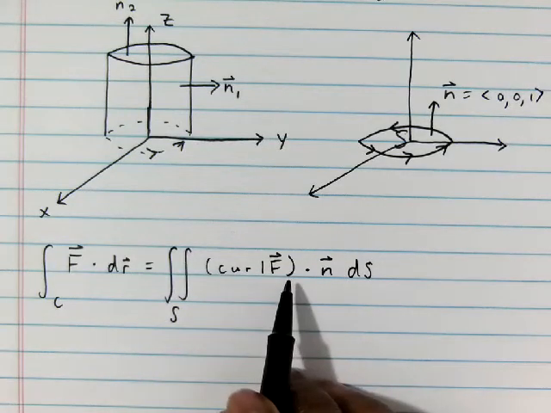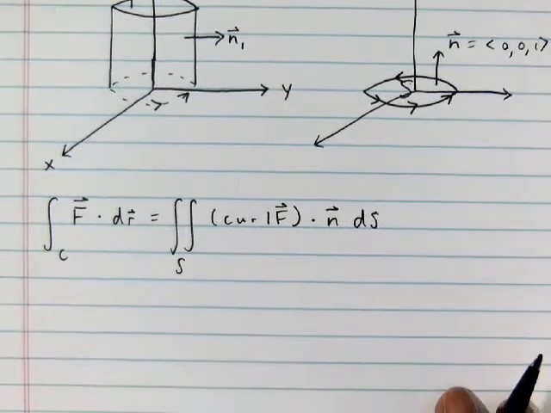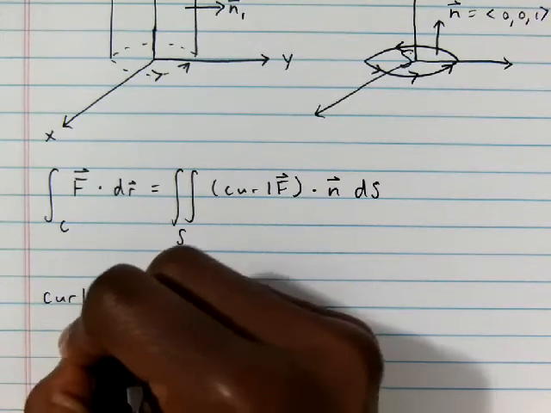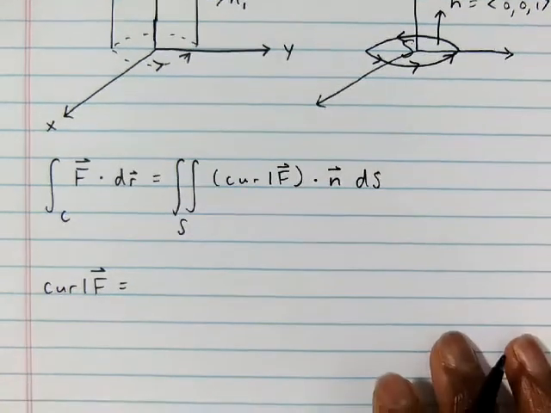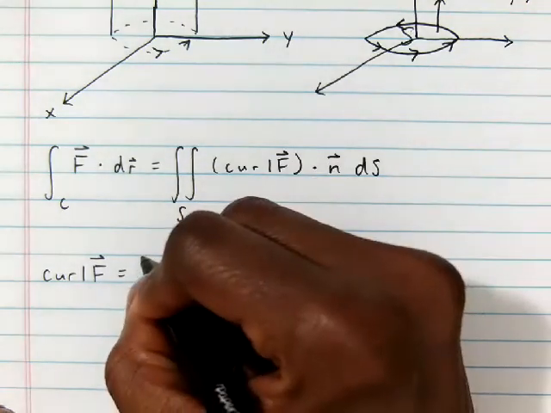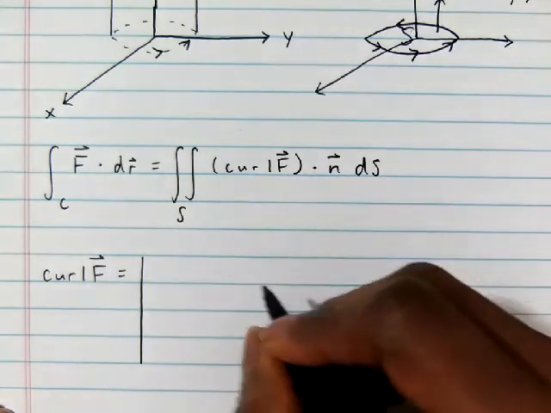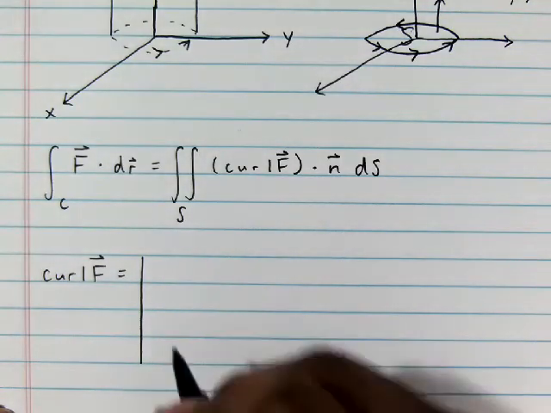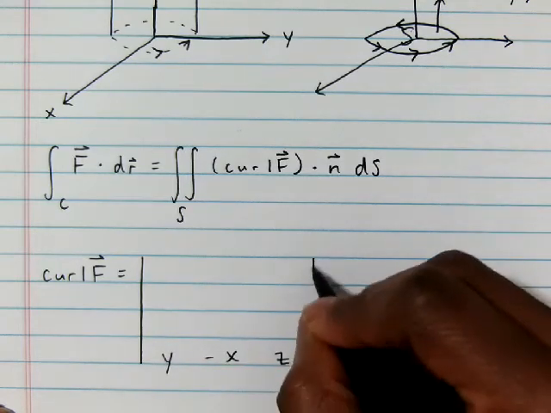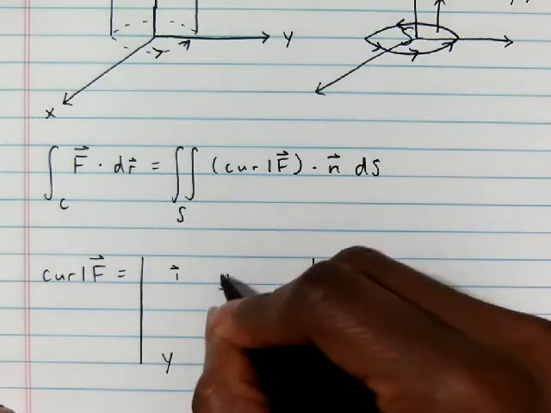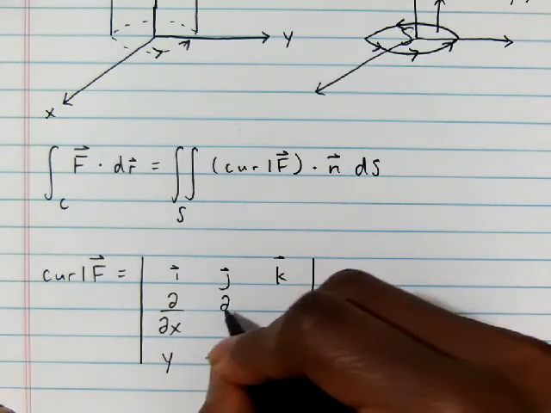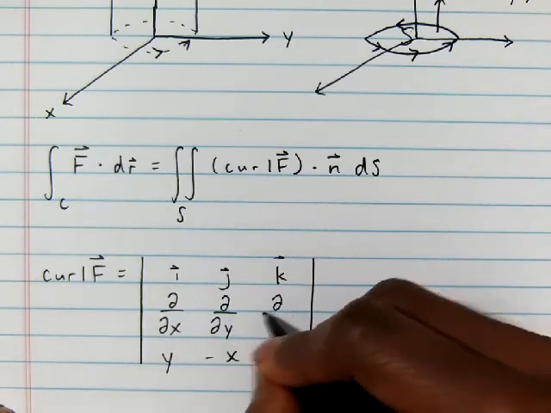Now we still need the curl of f, so that's the other thing that we're missing. So the curl of f equals, what was our vector field? Our vector field was y, negative x, z, with i, j, k, partial with respect to x, partial with respect to y, partial with respect to z.